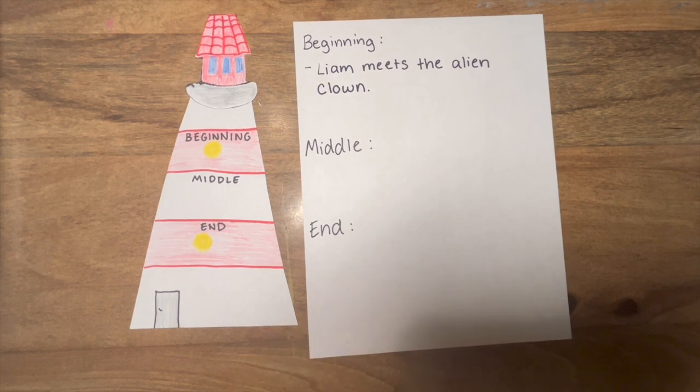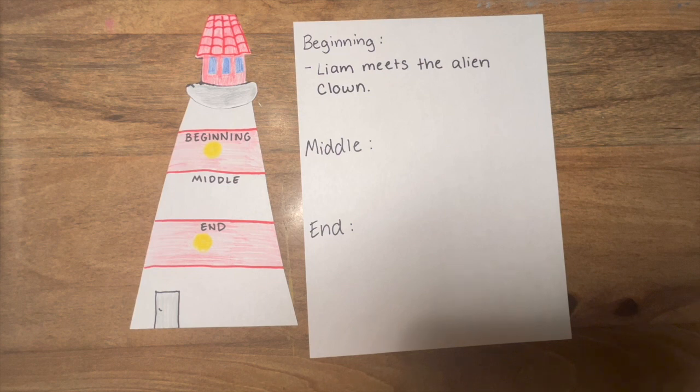Great. Now let's move on to the middle part of the story. Now, during the middle, Liam notices a lot of things about the alien clown, like how the clown is buzzing and banging and clanging. Okay, so Liam's noticing the clown, but also at the same time, he's noticing that the alien is asking for candy and cheese.